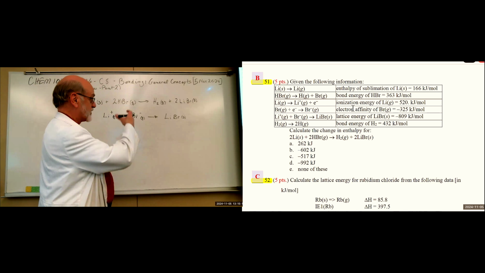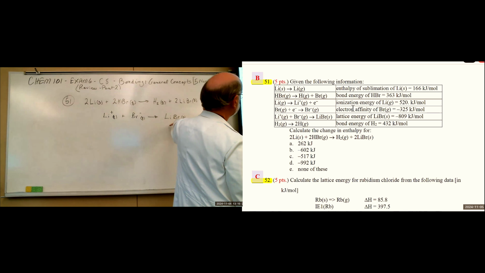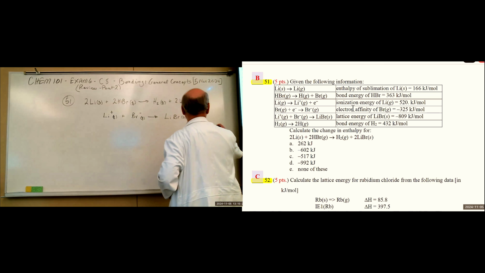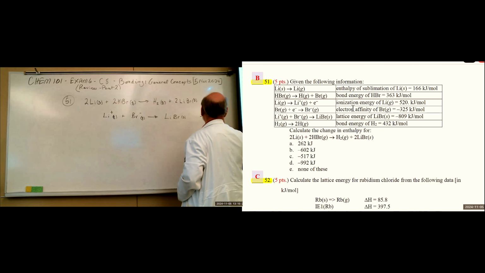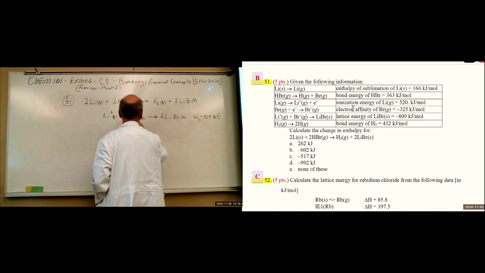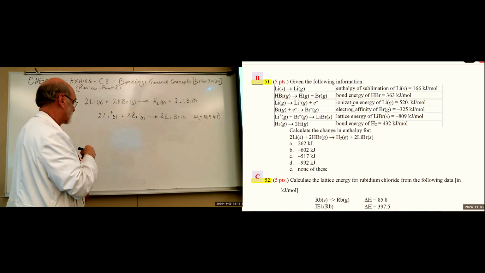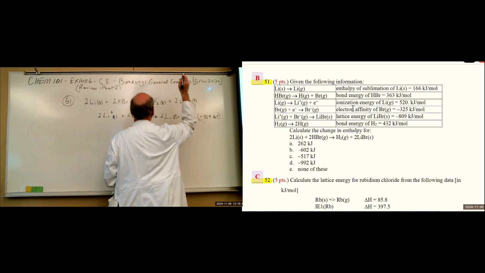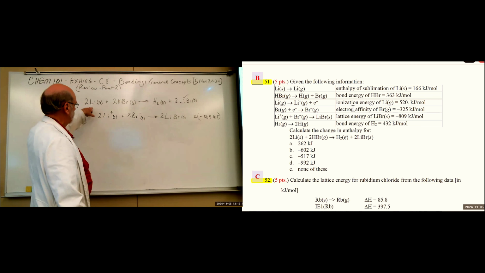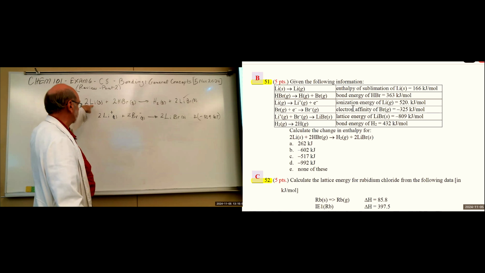Okay. Well, we've got 2 of them. So which one is that? That's next to the last one, lattice energy, minus 809. So minus 809 kilojoules, but we need 2 of them, to give us 2 there, 2 there, 2 there. Okay. So we've taken care of this one. In order to get to this position, we need to sublimate that lithium.